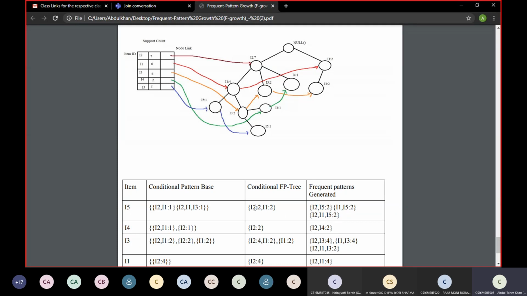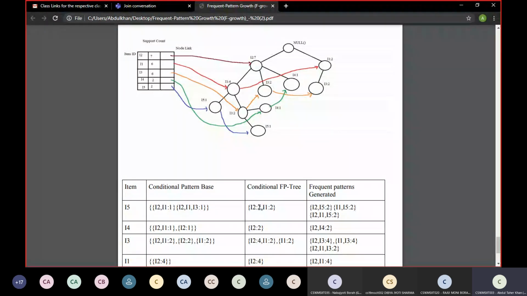Then we have I1, I5 and 2, right? Then we can join with both, means I2, I1 and I5, right? Here we have taken 2 because I2 has count 2, I1 has count 2. But remember, if I2 has count 4 and I1 has count 2, we will take the minimum one, that is we will take 2.